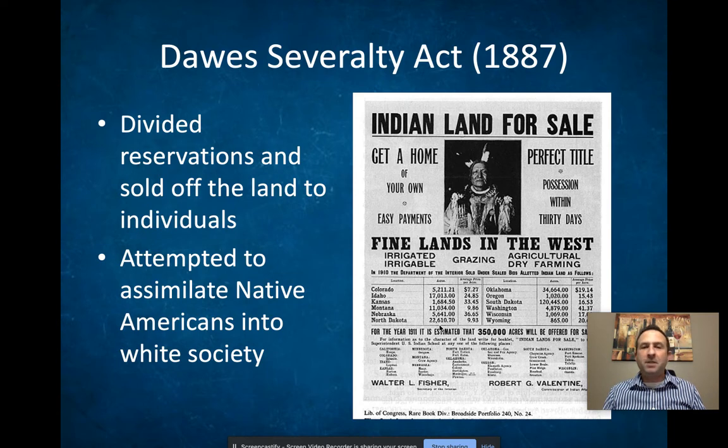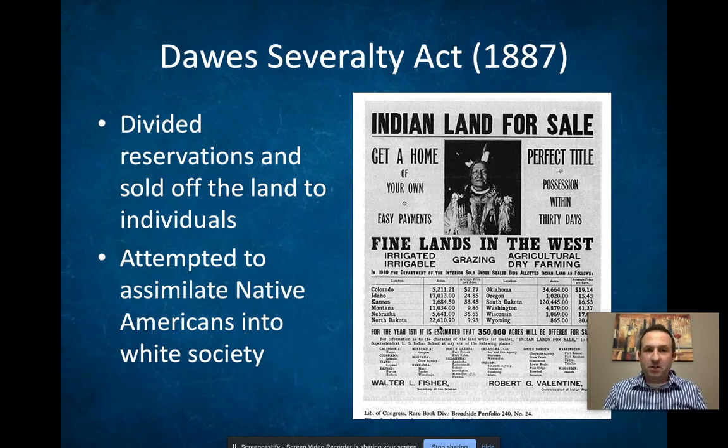So there's a few problems here. The first problem is, this is not the Indian way of life. This is forced assimilation, forced destruction of Native American culture. It also is designed to weaken the chiefdom of a tribe. Because now every family must look out for themselves, not for the greater good of the community, which means what role does the chief have anymore?